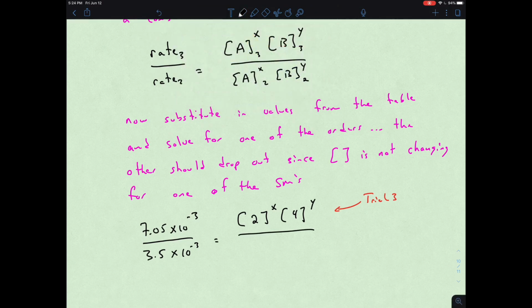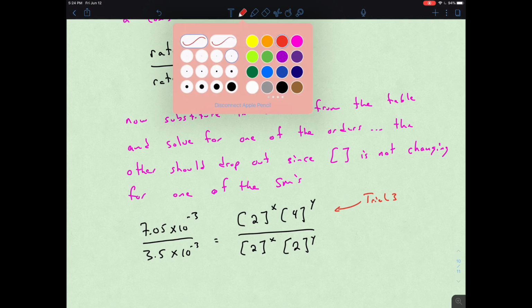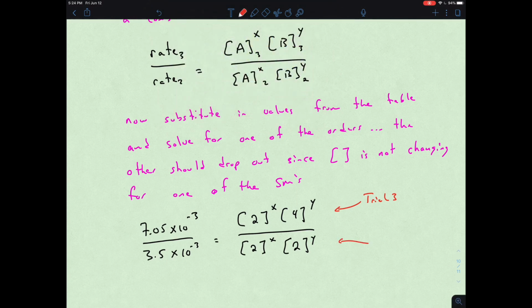That would be over then the concentrations from trial 2, where we have 2 molar for our A, and 2 molar for our B. And so there's trial 2.